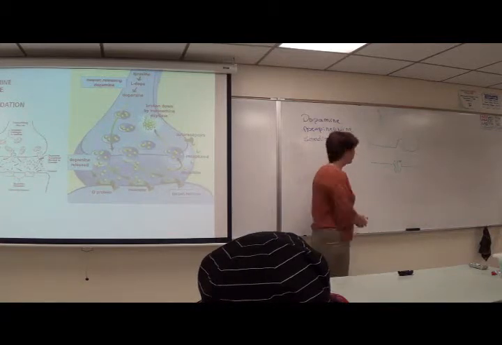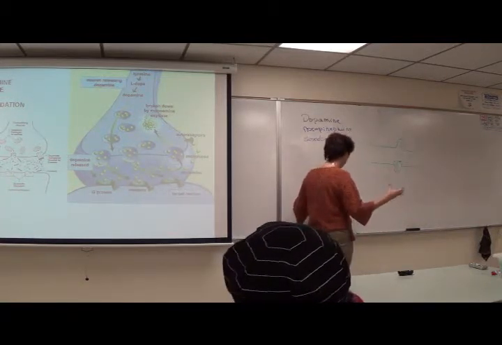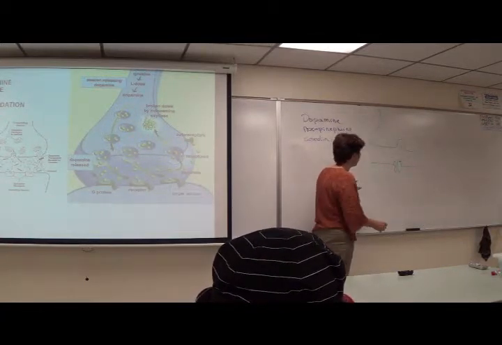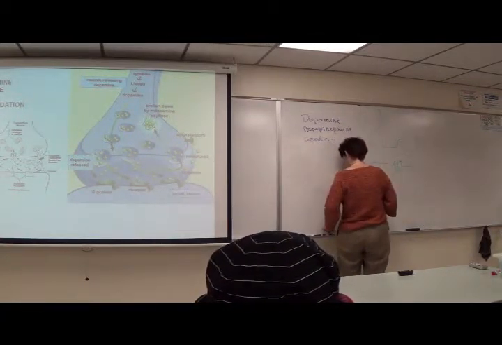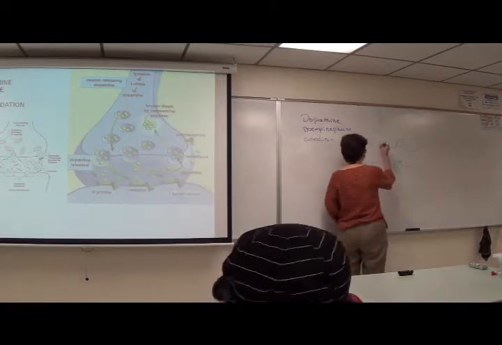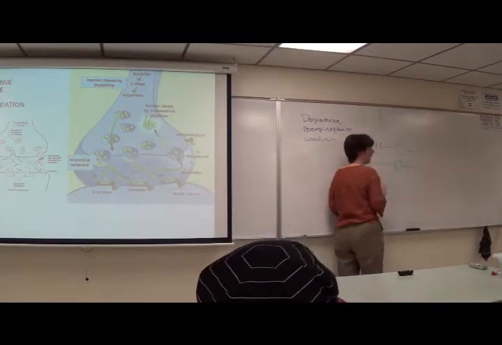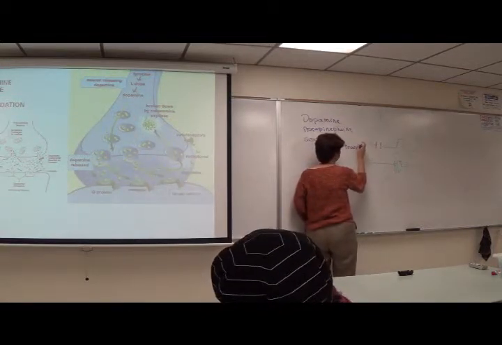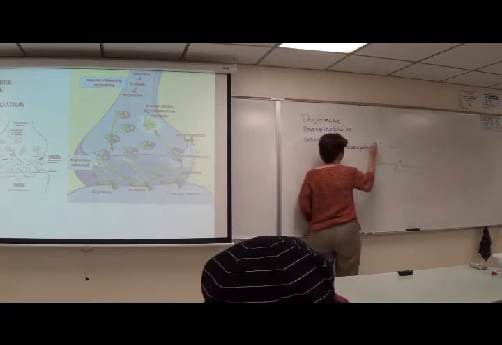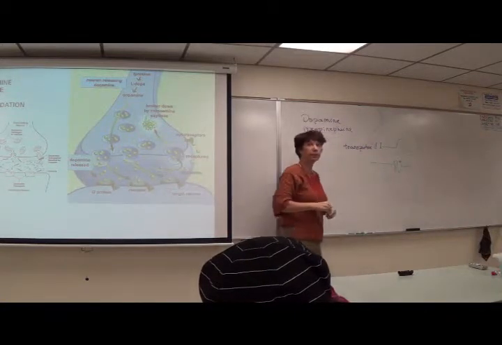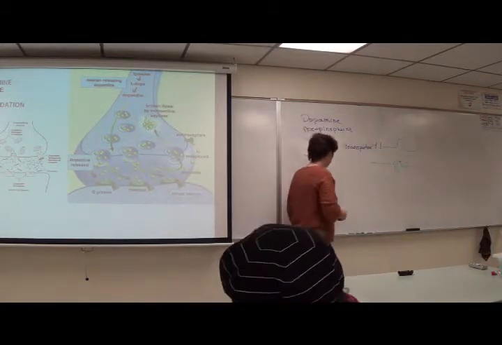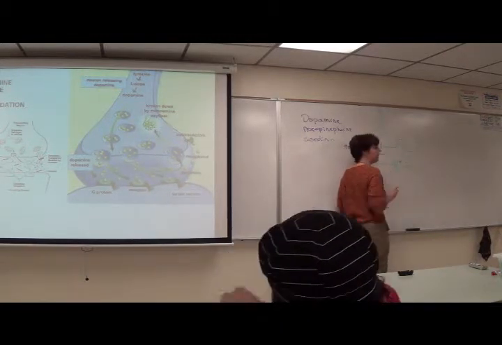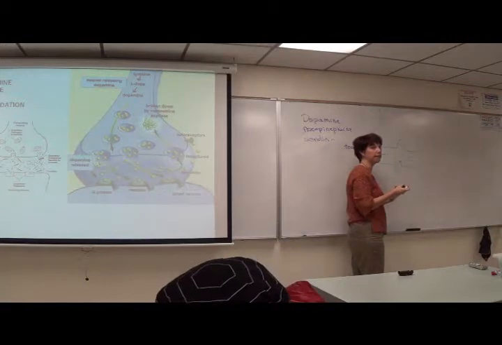Okay, it's just going to deplete the cell of the neurotransmitters, and we're going to lose our reason for having a signal. So what happens is the cell has transporters, and it takes the neurotransmitter back up into the presynaptic neuron. So this neurotransmitter is going to be returned to the presynaptic neuron. It's called reuptake.